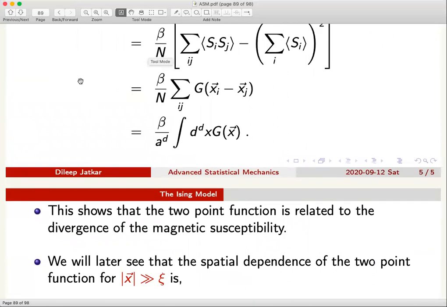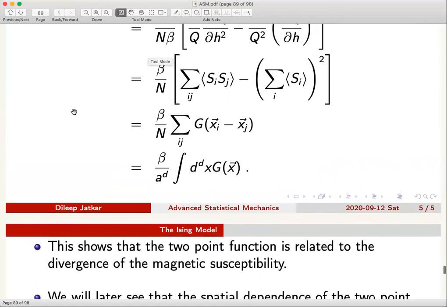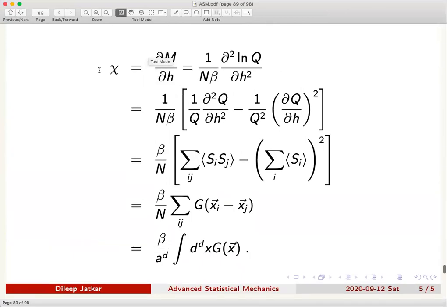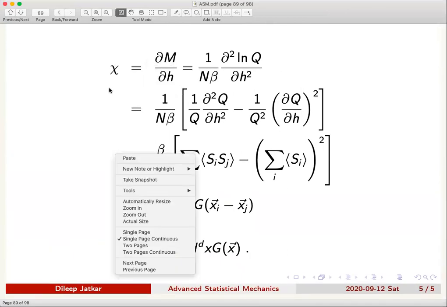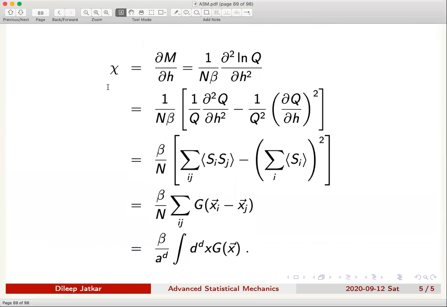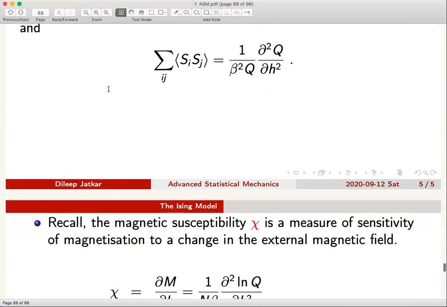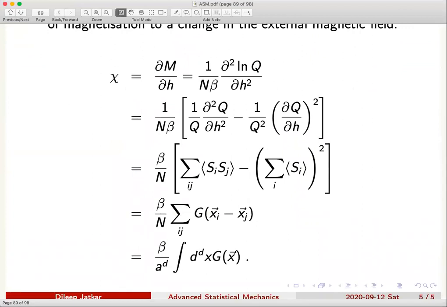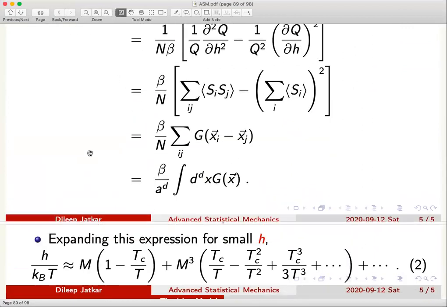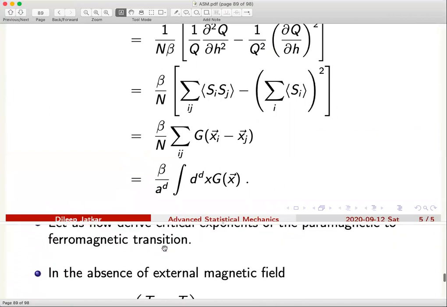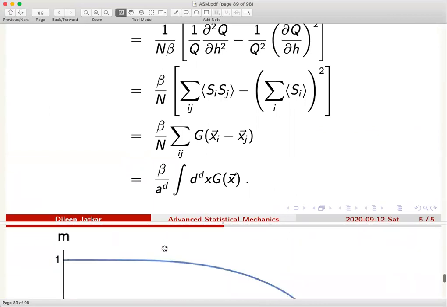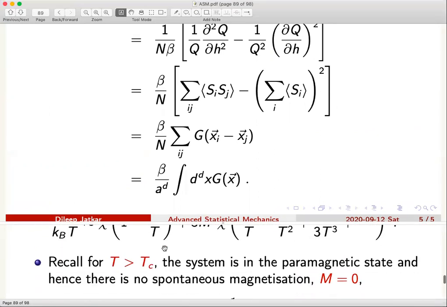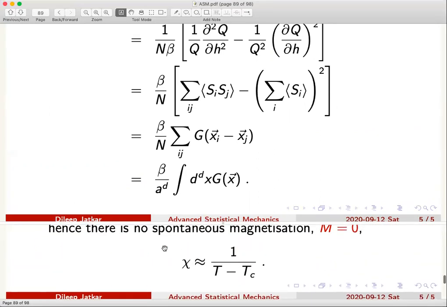So this basically shows us that the 2-point function of the system that we are looking at is related to the susceptibility, but we have already seen that the susceptibility in the neighborhood of the critical point, I'll probably split the screen again, actually shows this kind of divergence.